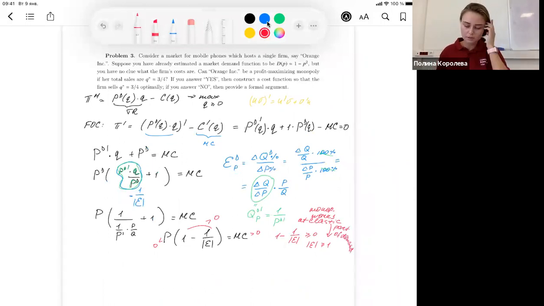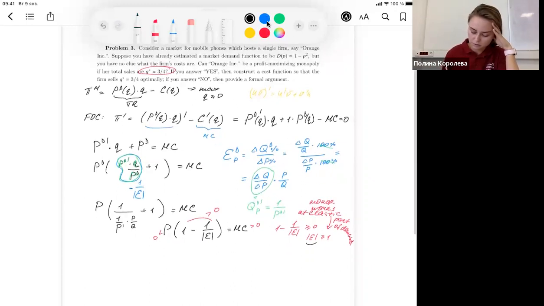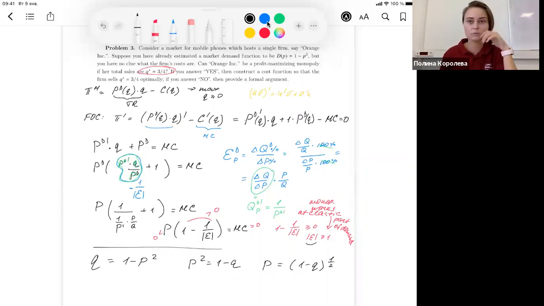And here we can use it to check if this quantity, 3 or 4, is optimal for us. Can we choose such a quantity? Let's do it together. Let's check what we need for checking the elasticity. We need the inverse demand function. So we have QD equals 1 minus P squared. Let's find the inverse demand function: P squared equals 1 minus Q. So P equals 1 minus Q in power of 1/2.